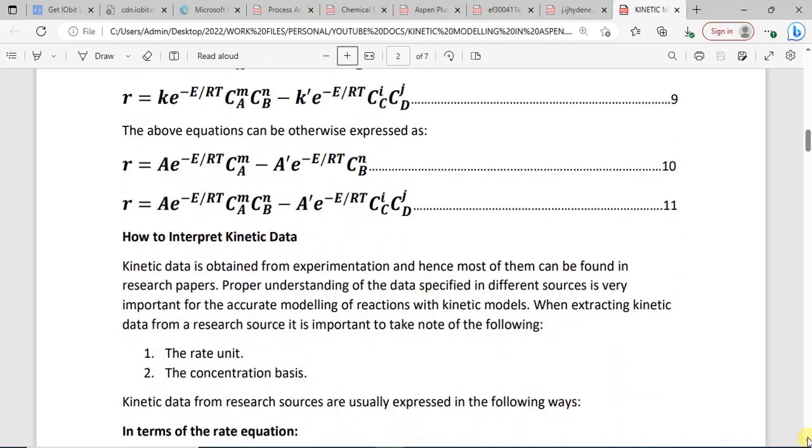So the next agenda now is to understand how to interpret kinetic data. Kinetic data is generated via experimentation.